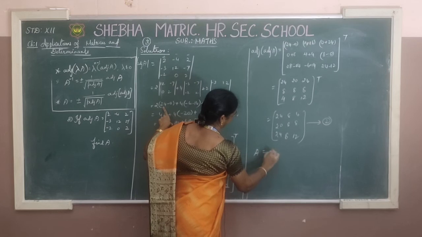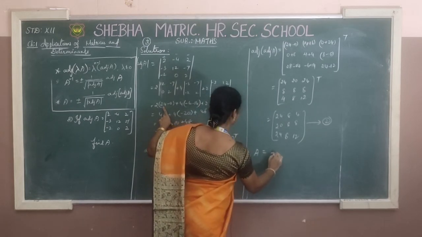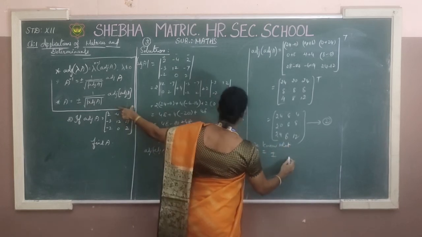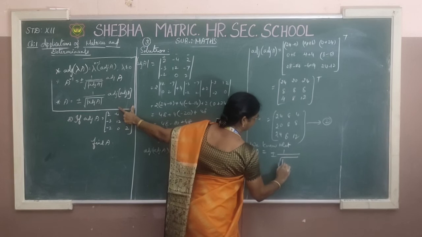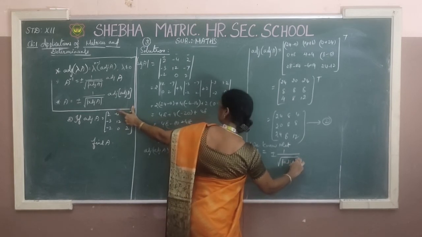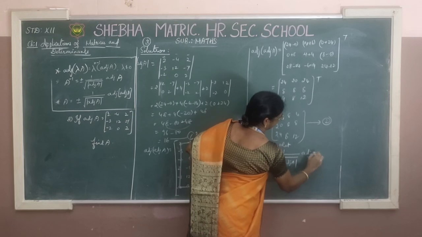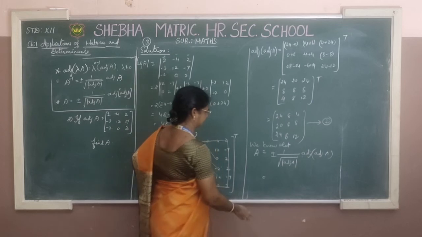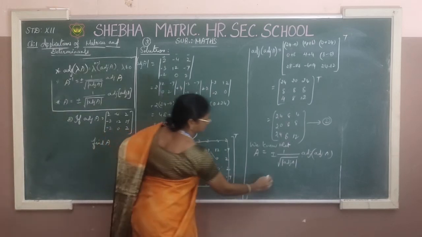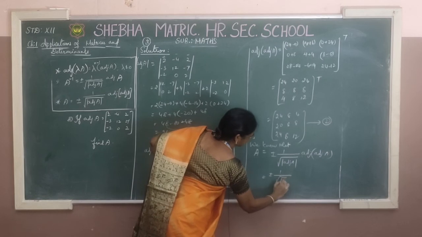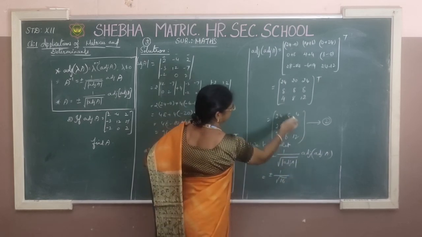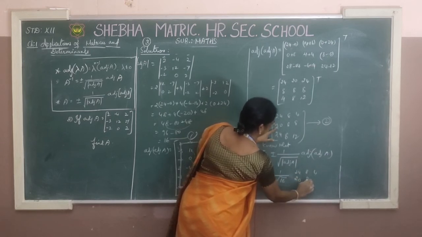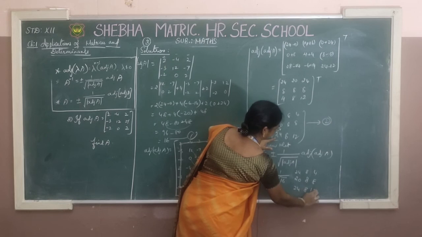So the formula is A is equal to plus or minus 1 by root of determinant of adjoint A into adjoint of adjoint A. Substituting these two: first is 16, so plus or minus 1 by root of 16 and adjoint of adjoint A is 24, 8, 4, 28, 8, 24, 8, 12.